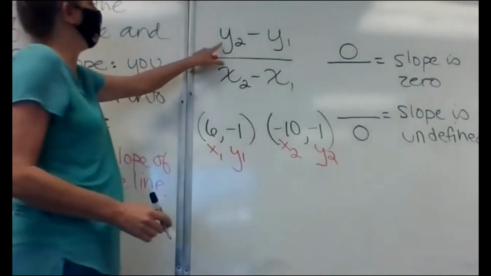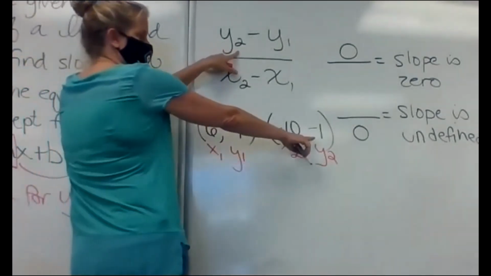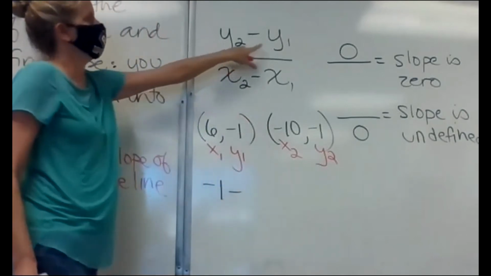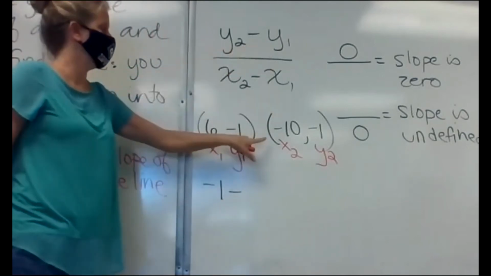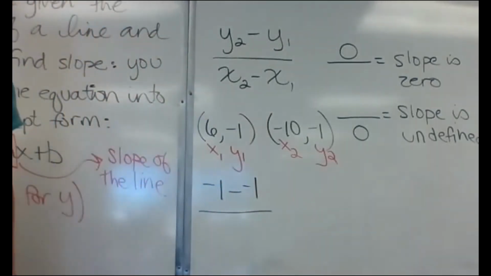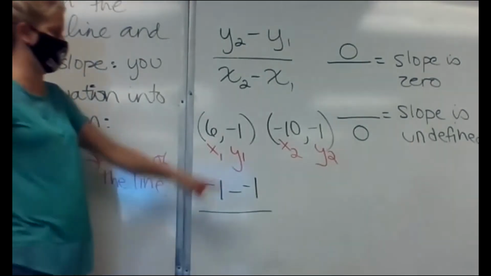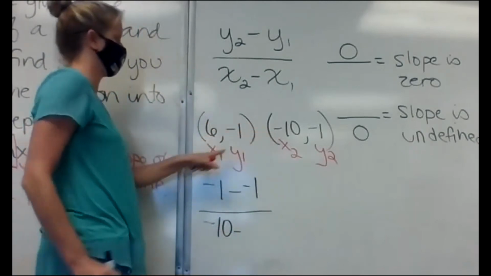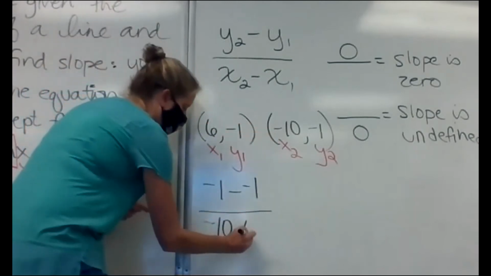Plug into the formula, so I need y2, which is -1, minus, what's your y1? It's also -1. Over x2 minus x1. x2 is -10 minus, your x1 is 6.